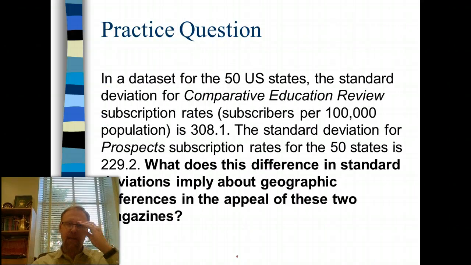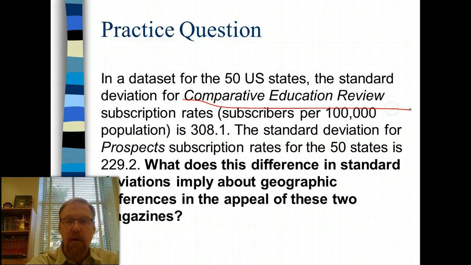Now let's just think of some big questions just to get an idea about what variance and standard deviation sort of means. Let's say we have a data set for the 50 United States, right? And the standard deviation for subscription rates to the Comparative Education Review, subscribers per 100,000, is 308.1. That's our standard deviation for Comparative Education Review subscription rates.